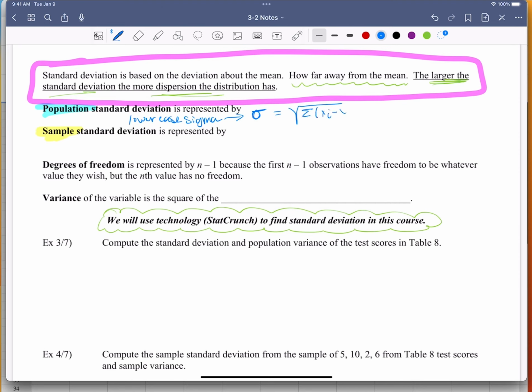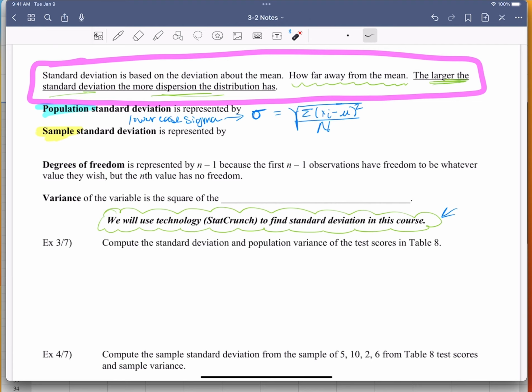So I'm going to sum up every time I have a data value here and see how far away it is from the mean, and then we're going to square that value. So when I do this subtraction, we'll square that value, then we're going to add all of those up. That's what you would do. Then you divide it by the total number, because it's always associated with how far away that is from the mean. So everything is related to that mean.